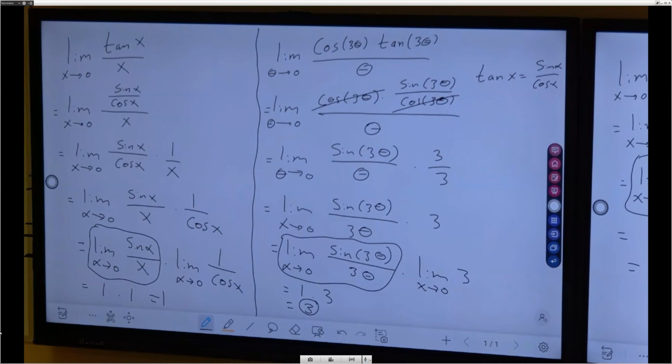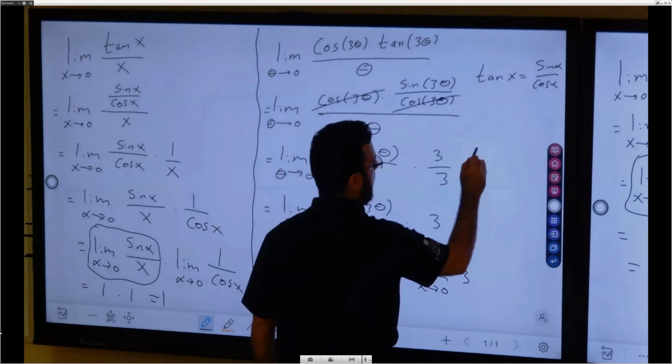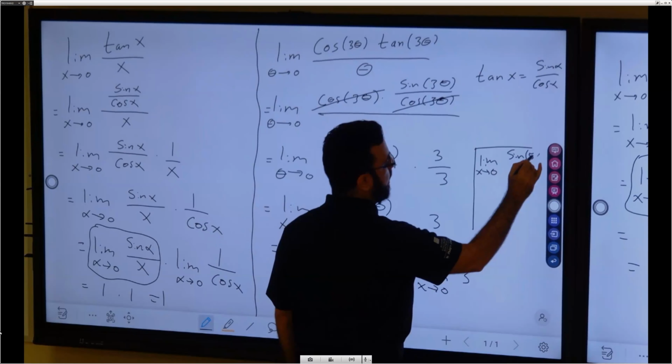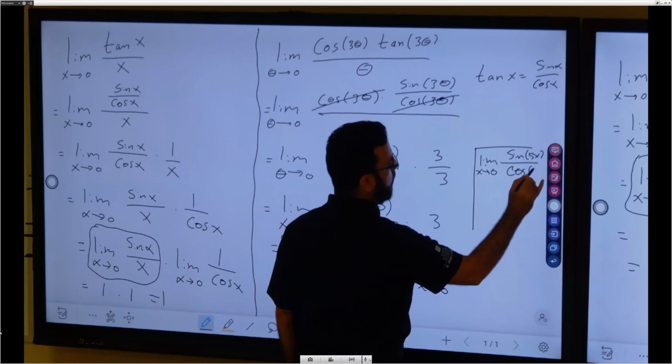So what if I give you homework? The limit as x approaches 0 of sine 5x over cosine 5x.